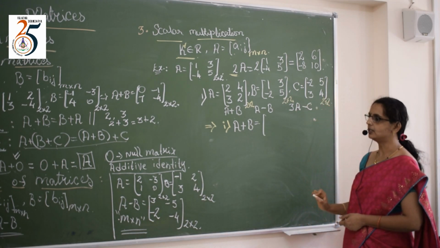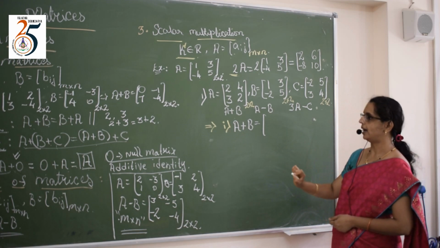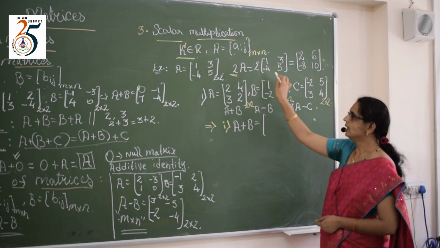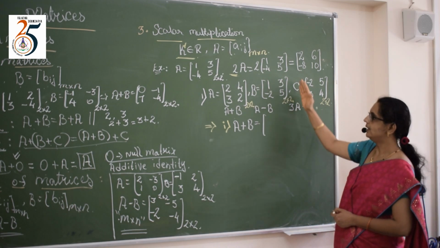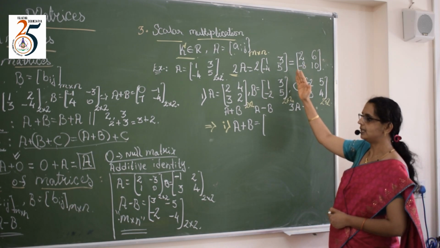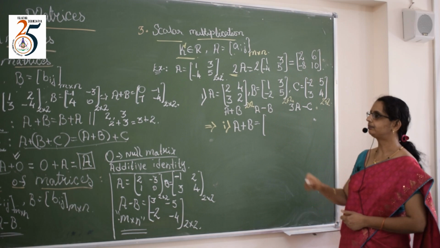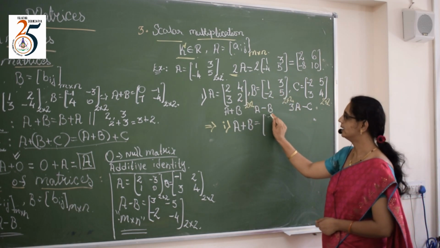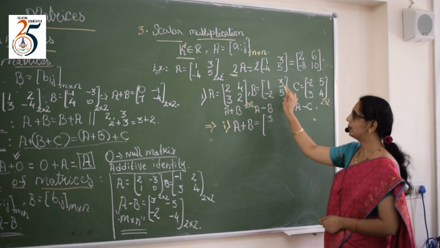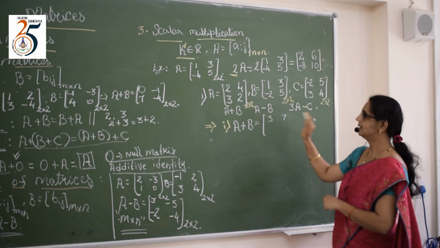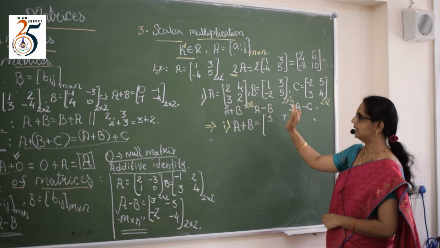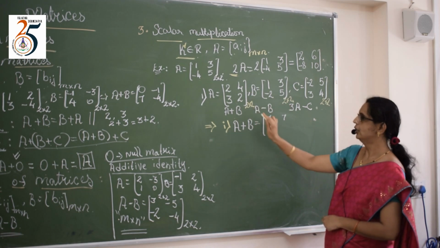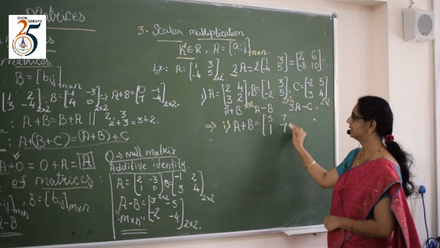A plus B means we are going to add two matrices with their corresponding elements. We'll concentrate on A and B now. So, 2 plus 1 is 3, 4 plus 3 is 7, 3 minus 2 is 1, 2 plus 5 is 7.